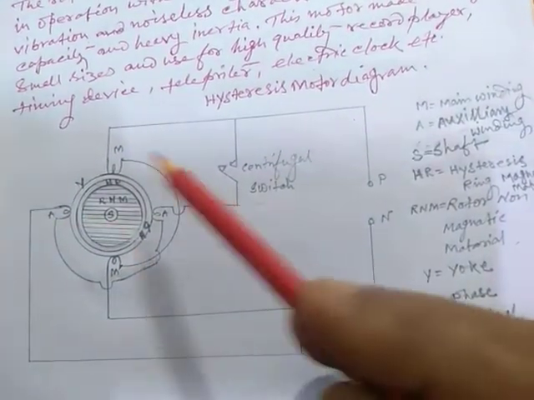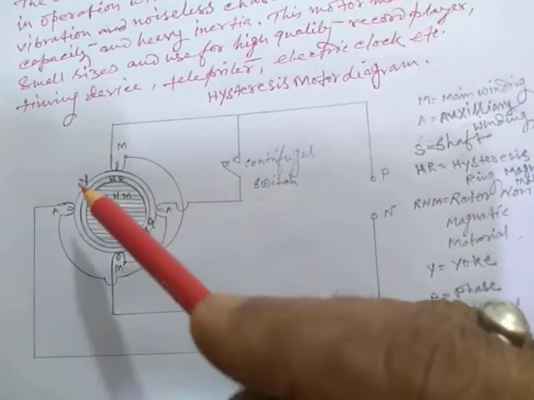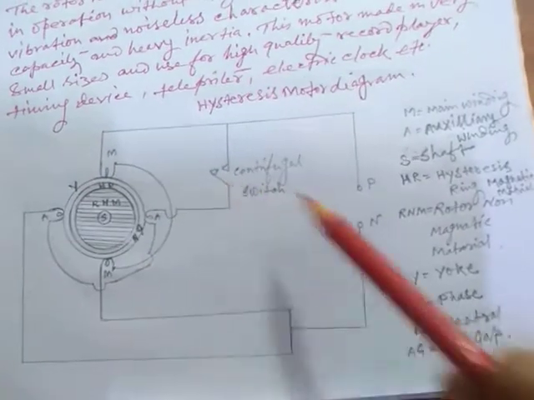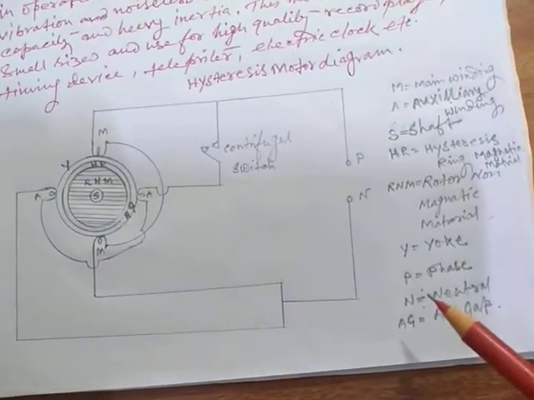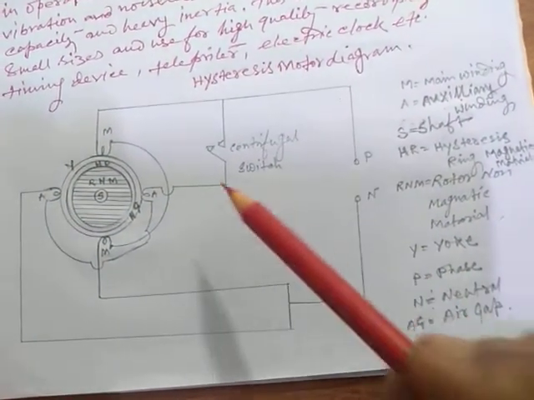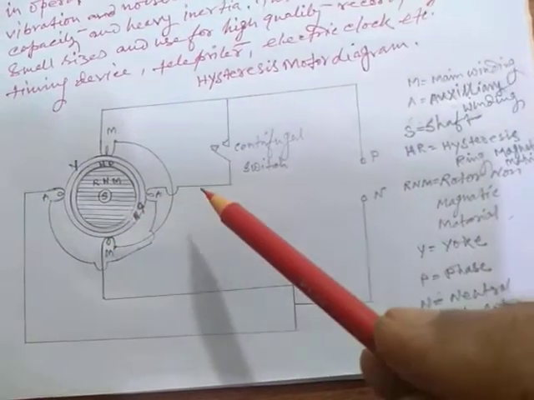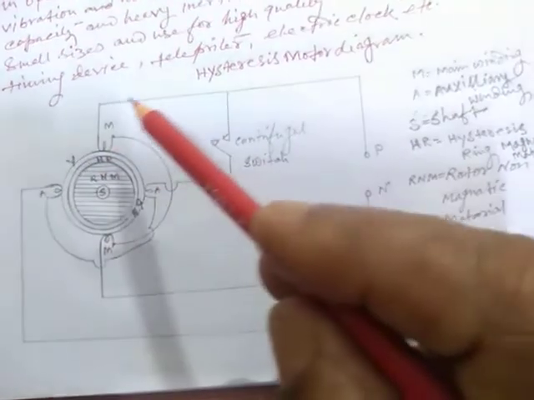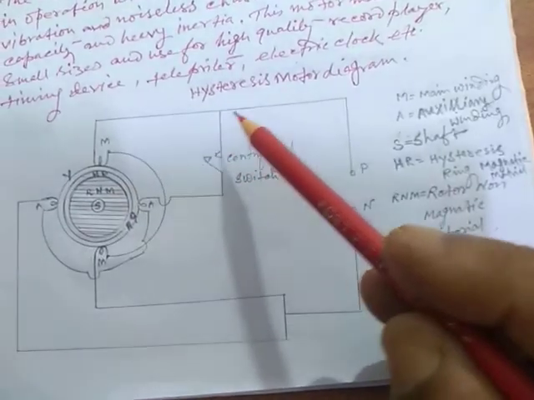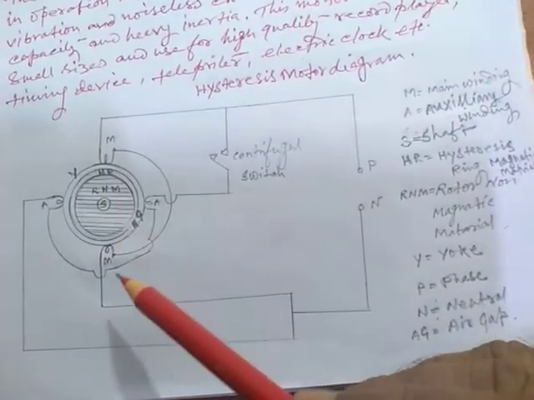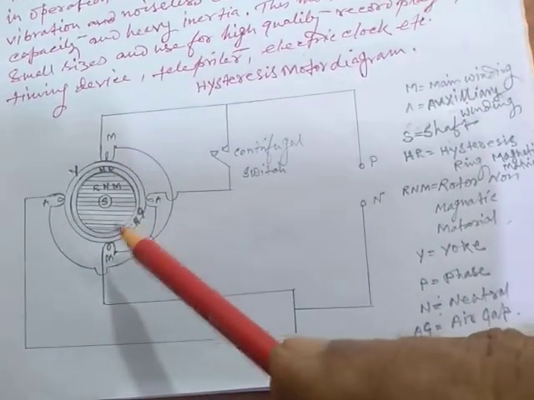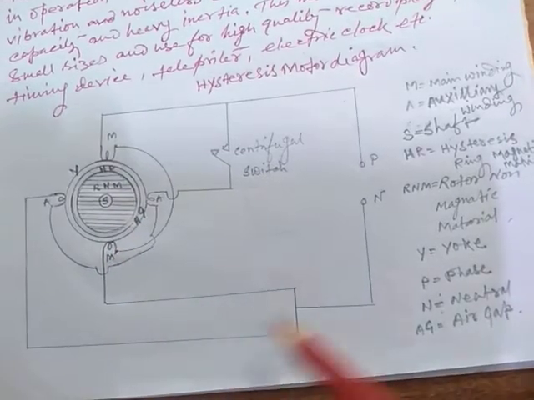Here this is connected. This is the yoke, Y. This is the main winding and the auxiliary winding. This is connected to the common.